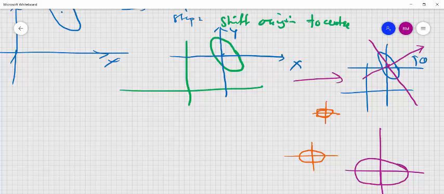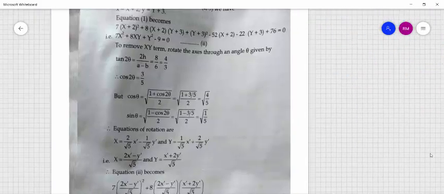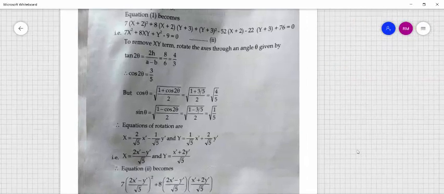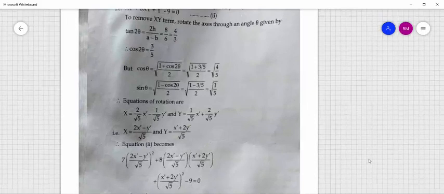My drawing is very poor, excuse me for this, but I think you understand the intention. That's why we are doing the work about rotation of axis. This is our new x-axis, this is the new y-axis. In the first lecture of this chapter we already did the theoretical part, rotation of axis, translation of axis. So again focus on this.